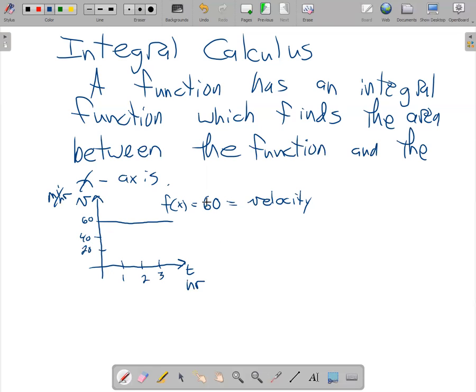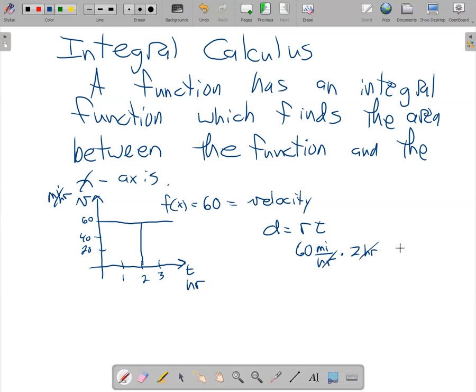I can turn velocity into total distance, accumulated distance, because I have this idea that distance equals rate times time. What's my rate? Well, it's f of x, it's 60. My rate is fixed. So this one's pretty straightforward. So if I went 2 hours, then I would simply take my 60 miles per hour, multiply by my 2 hours.